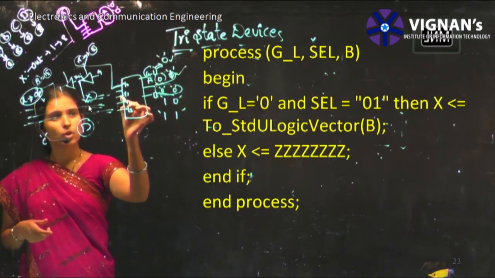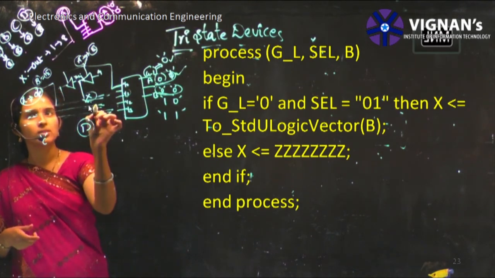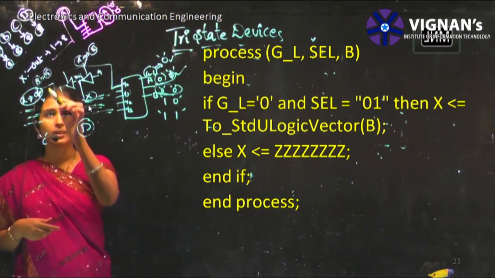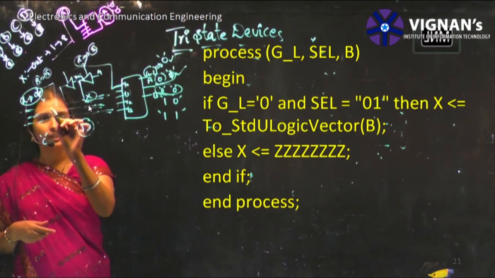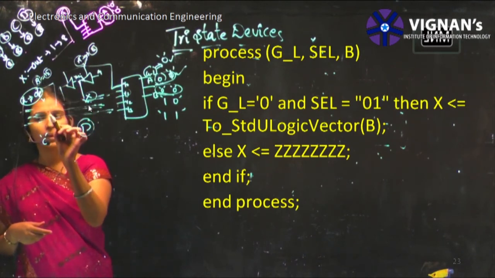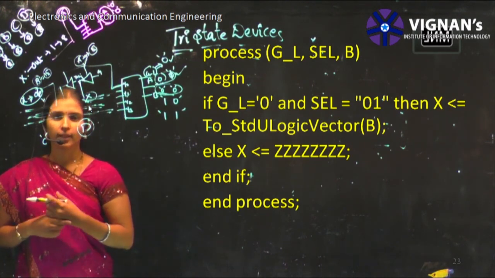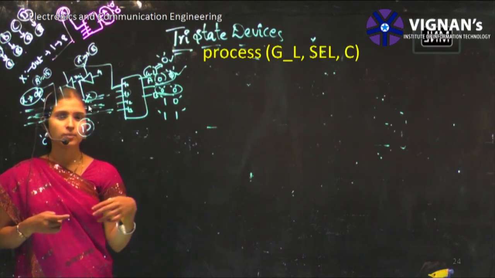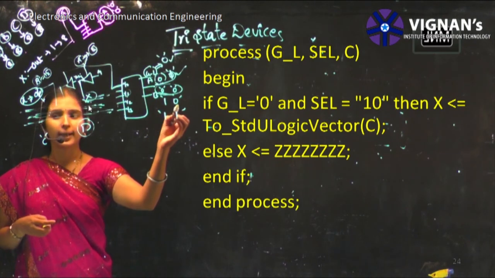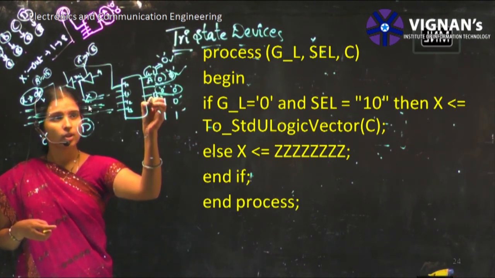So what happens? Y1 is selected. It indicates that your common bus will be accessed only by bus B. Whatever data is available in data bus B will be accessed by the bus X. Otherwise, high impedance state. End if, end process. Next comes the case where the selection line is 1 0. So what happens?